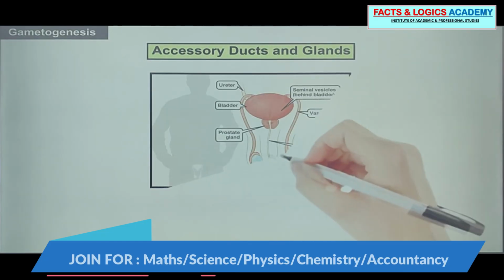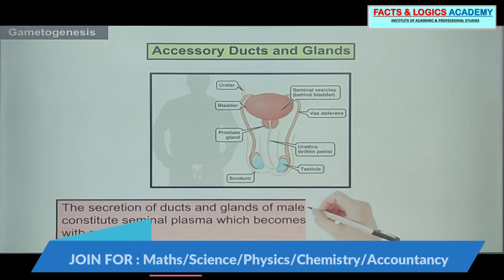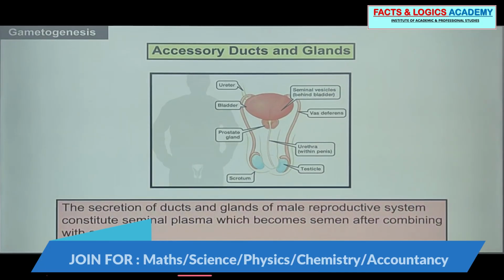You already learned in our previous modules that accessory ducts help in the transportation of the sperm. The secretion of accessory duct, which is the male seminal plasma, along with the sperms, constitute the semen. And this process is regulated by the androgen.